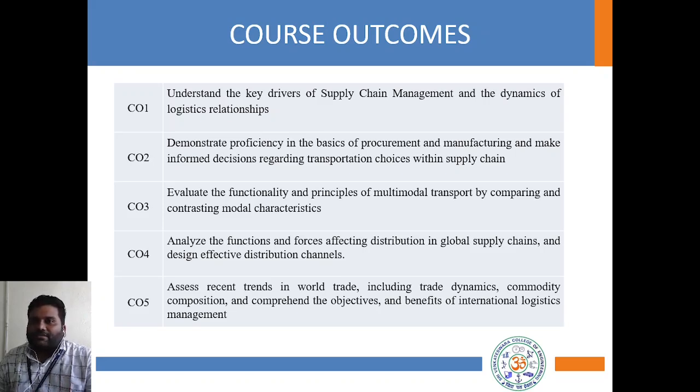The next is to demonstrate proficiency in the basics of procurement and manufacturing, followed by evaluating the functionality and principles of multimodal transport, then analyzing the functions and forces affecting distribution in the global supply chain. That's quite an important one. Then the fifth one is to assess the recent trends in world trade, mostly about how our global supply chain is working and what the cases are, and we'll have more case studies also in that, right?